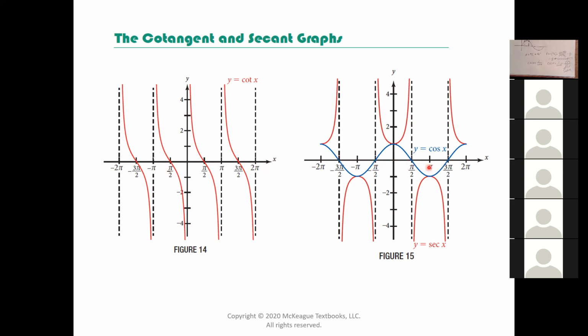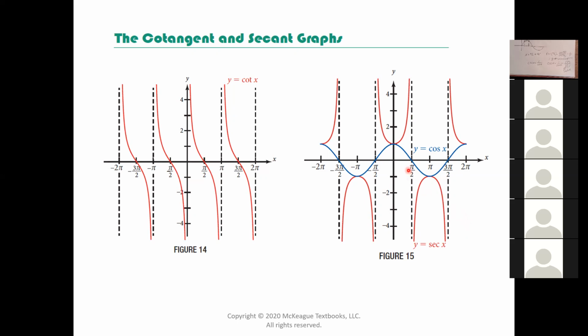Does anybody want to generalize for what input values the secant function is undefined? What type of multiples of pi halves is the secant function undefined? Odd or even multiples of pi halves?